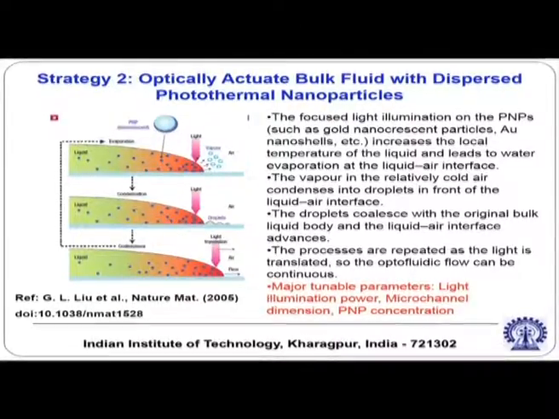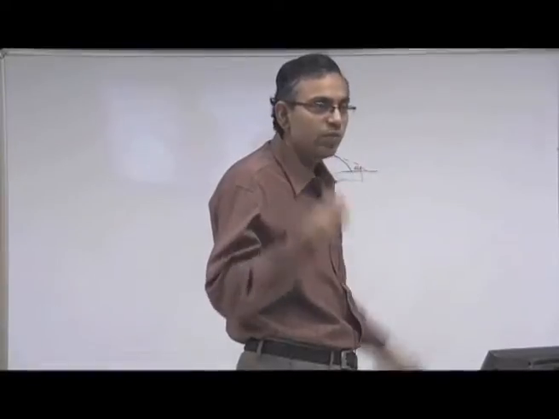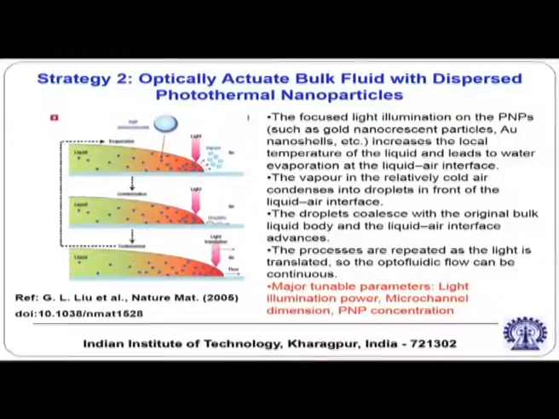These can also be nanoshells or nanotubes instead of nanoparticles. These particles will absorb the energy from the laser, and that energy will be transmitted to the liquid. Once that energy is transmitted, the liquid will get evaporated, and it will flow in this direction.